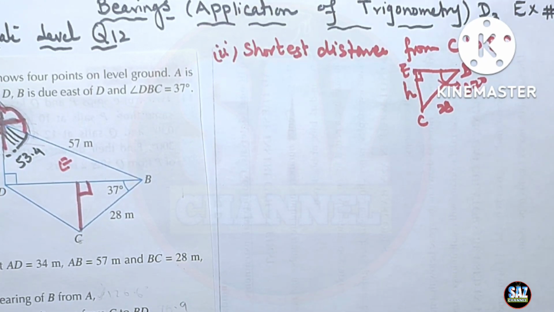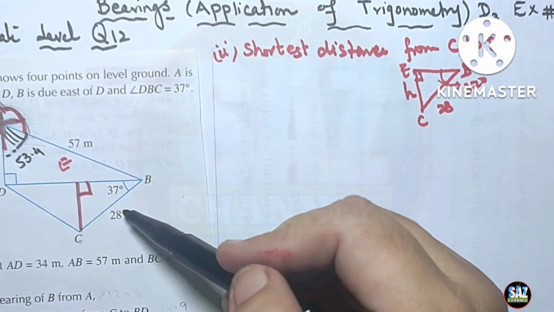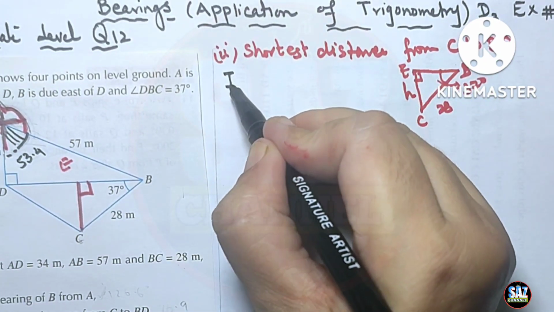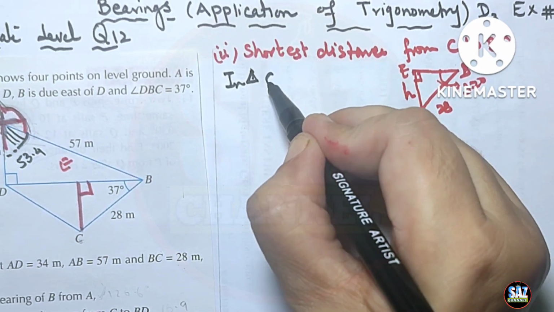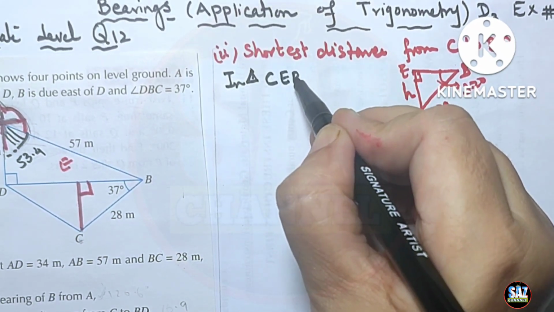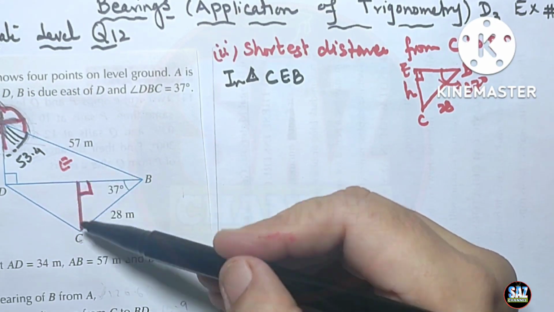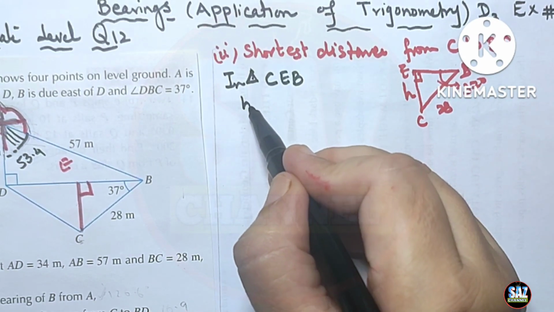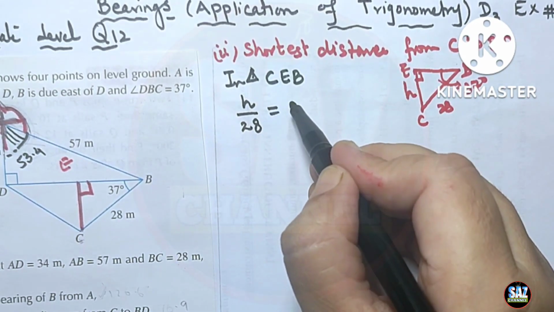Now in triangle CEB, this is opposite and this is hypotenuse, and opposite we are writing H upon hypotenuse 28, which is equal to sine 37 degrees.